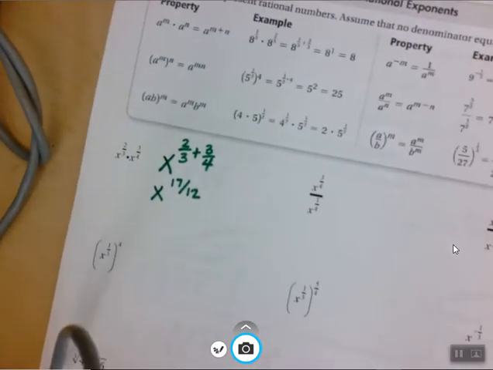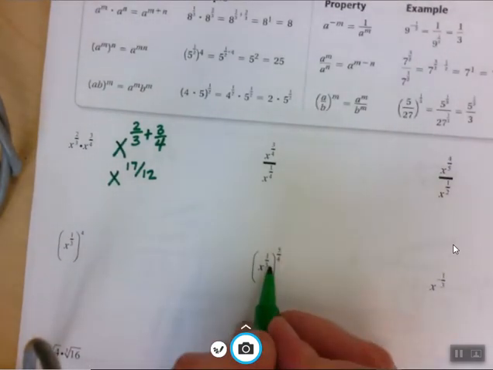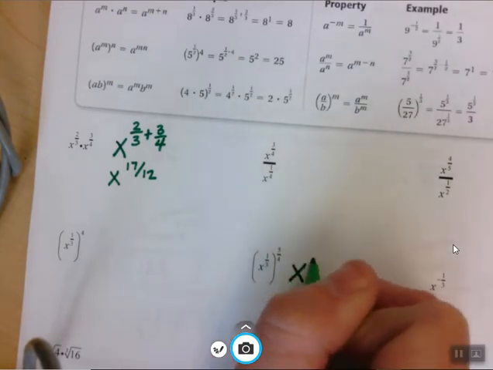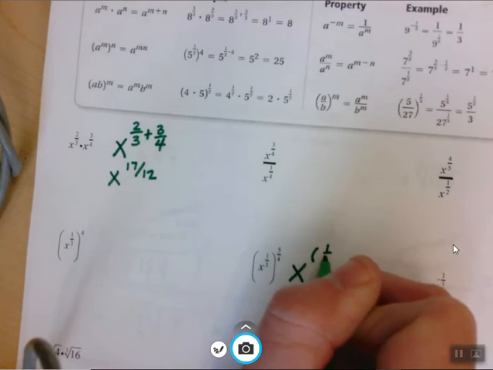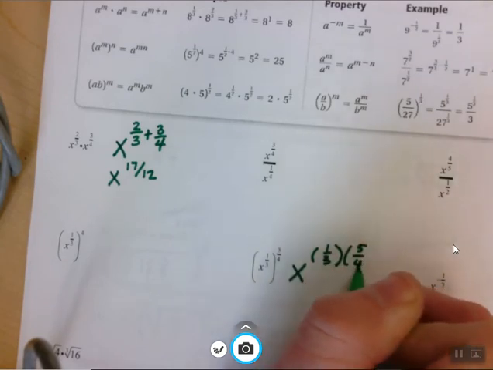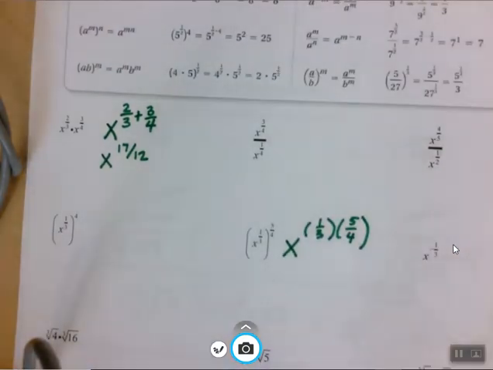All right, let's do another one. Let's do this one here. When you raise a power to a power, you multiply your exponents. So this is going to be x to the 1/3 times 5/4. Multiplying fractions is not as hard as adding them, so you might just choose to multiply that by hand.